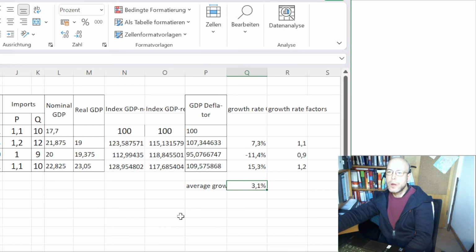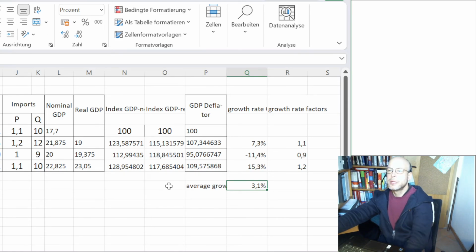This is then one example how we do the price adjustment in an economic time series, because we want to get rid of the price effect during our consumption process.